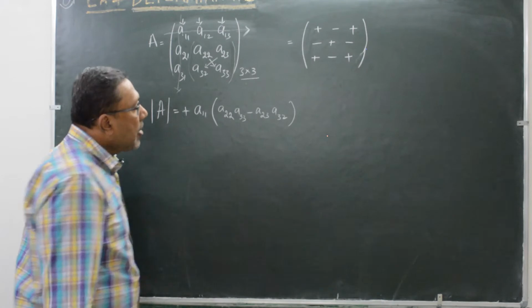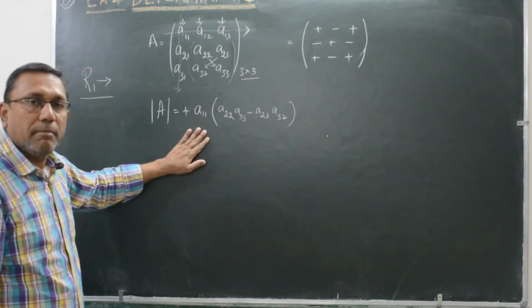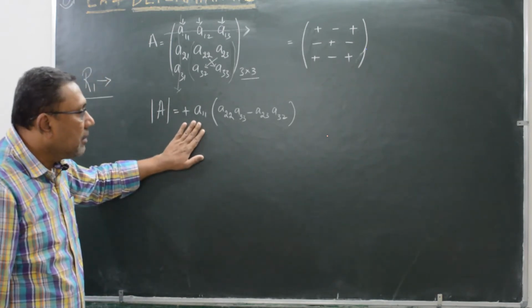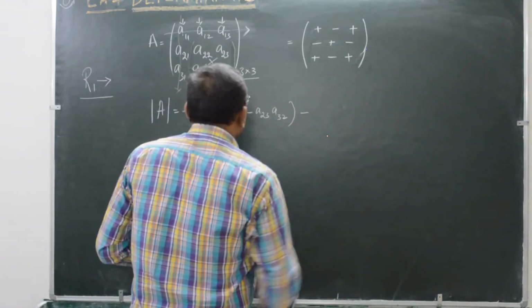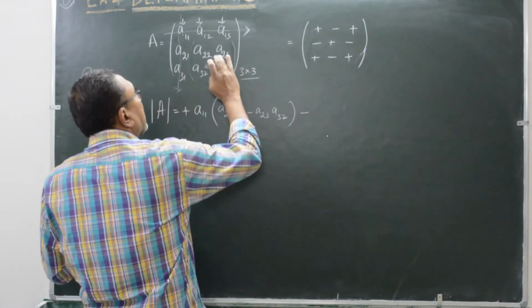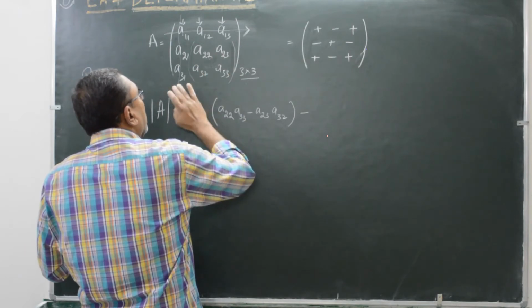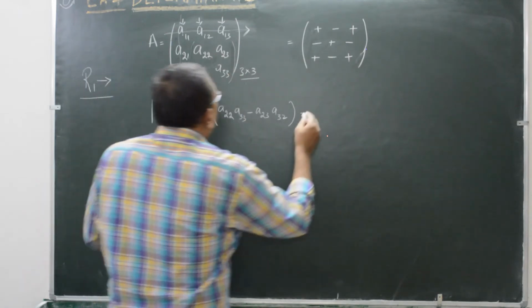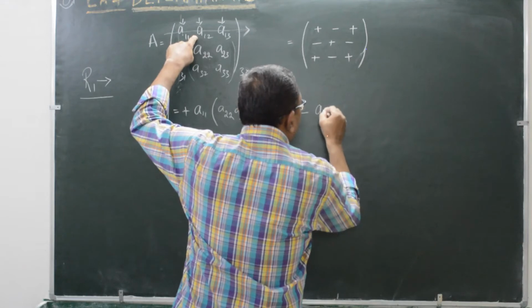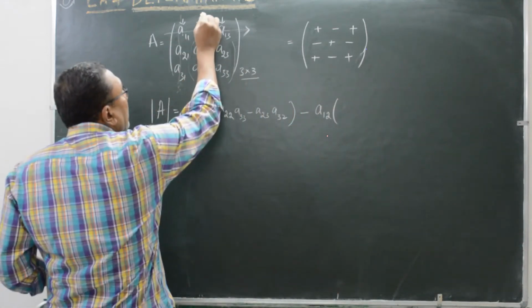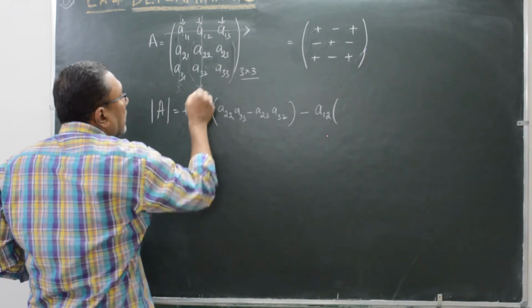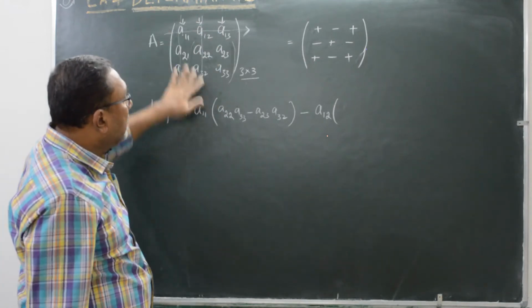Okay. So this is the first element and the number associated. Then take the minus, I need to rub the board. Okay. I'll take the second element, A12. When you take A12, just ignore the first row and the second column.